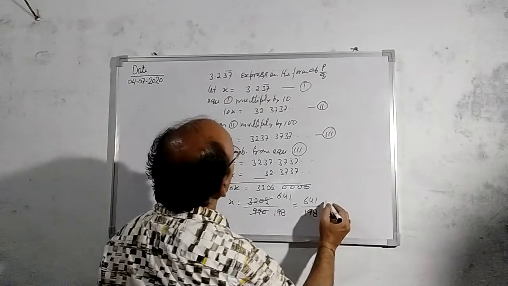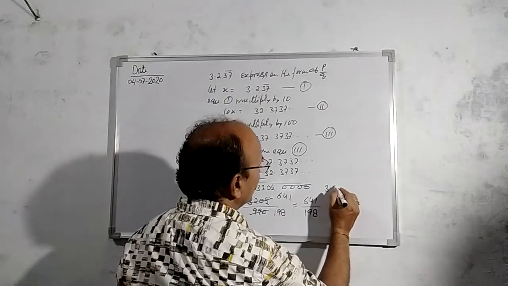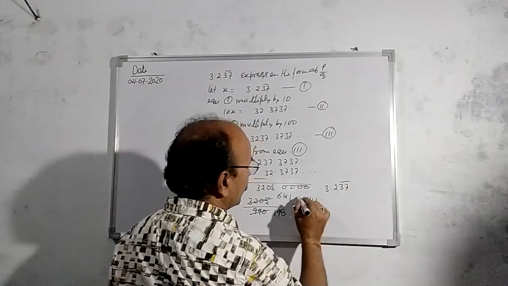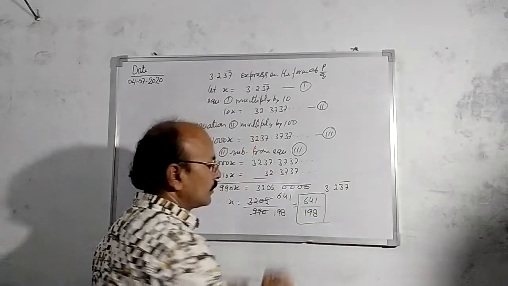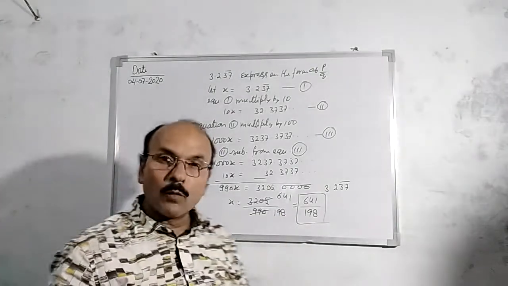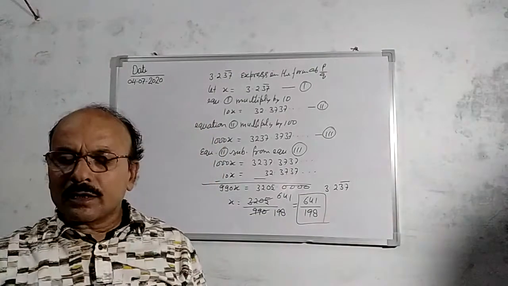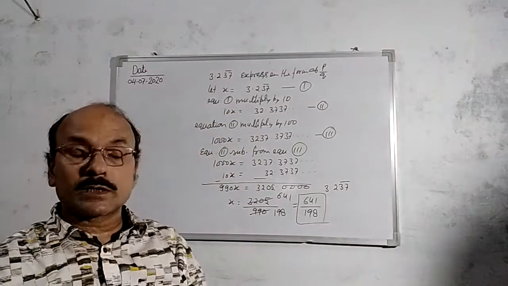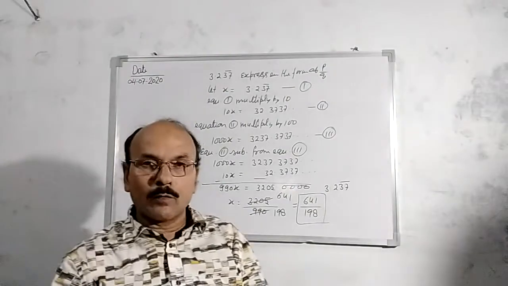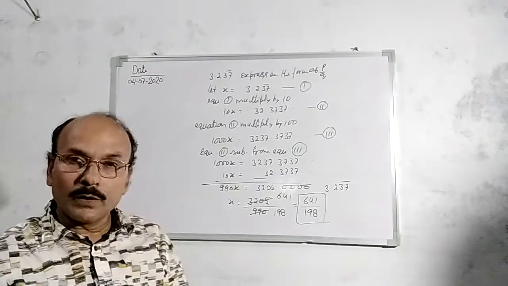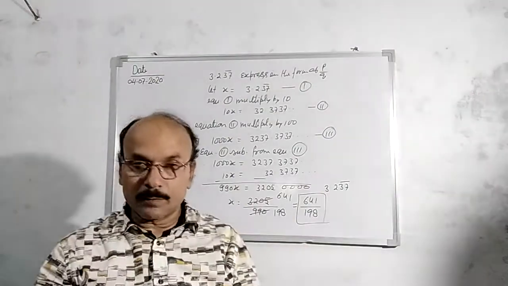So you can convert 3.237 bar in the form of P upon Q, whose exact value is 641 upon 198. You can solve various questions of this type in your notebook, and if you have any doubt in your textbook, then you can ask me in your class WhatsApp group.